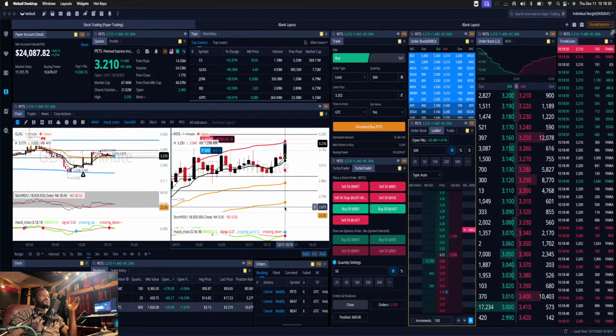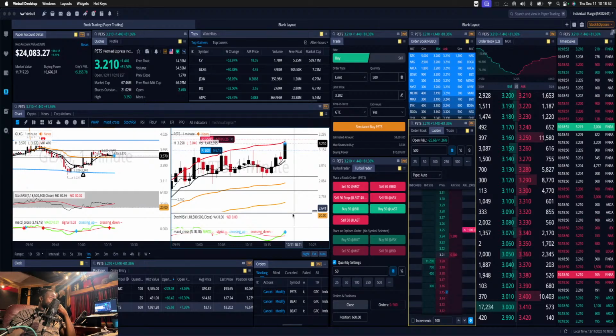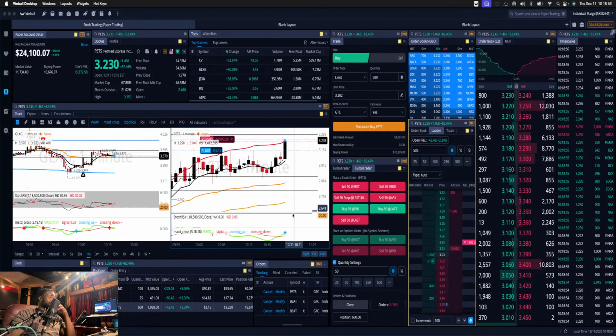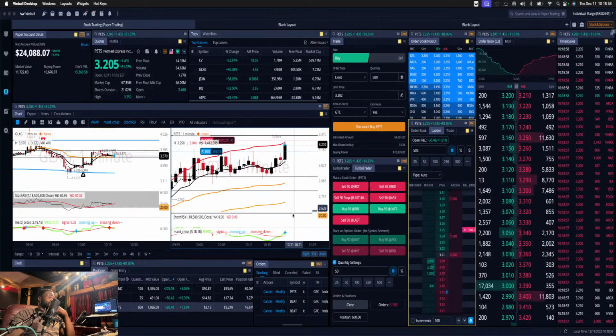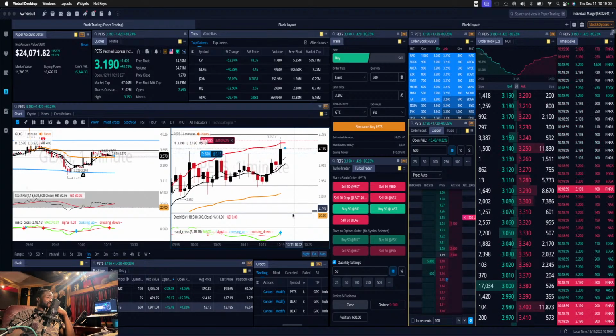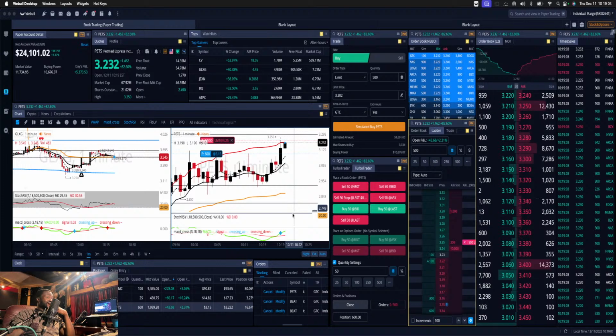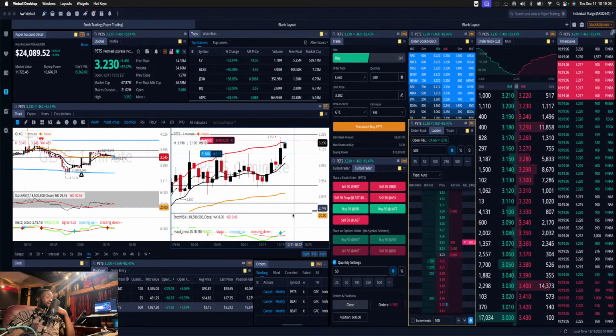On Webull paper trading, you can't. So I already had 100 shares, but I got this other 500 shares just for this quick scalp. I think I could have moved my profit taker up some more, but yep, 325 was the high. So let's hope it hits it again.